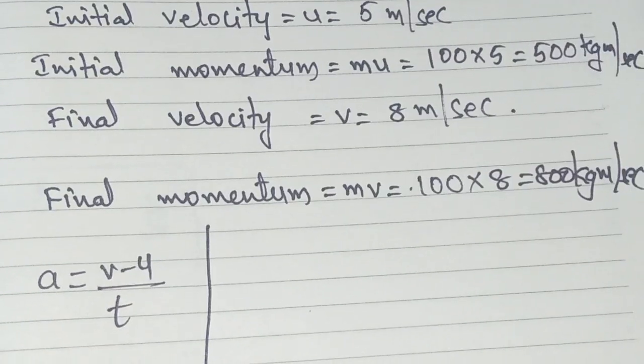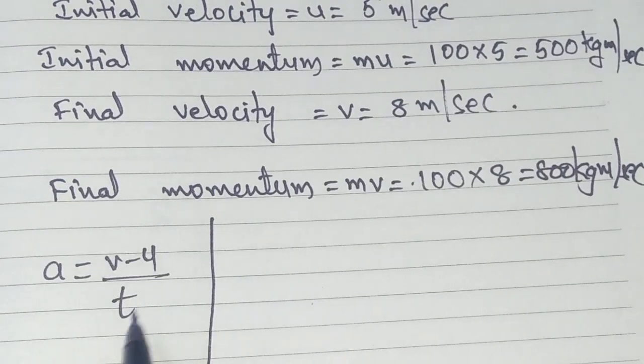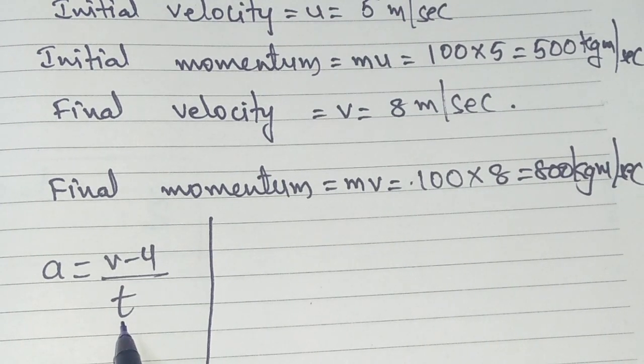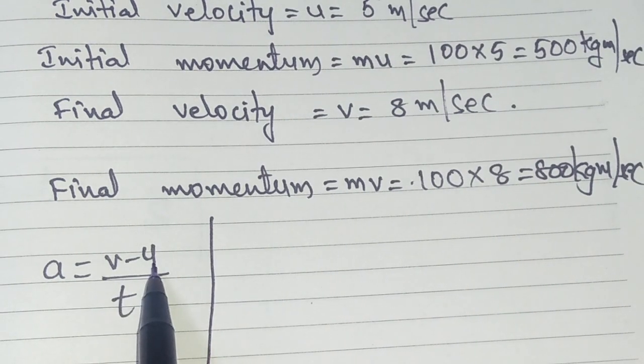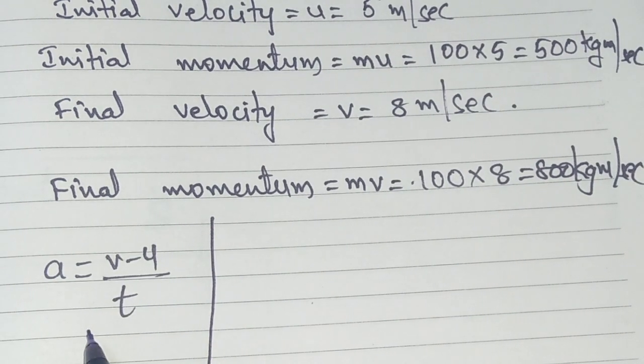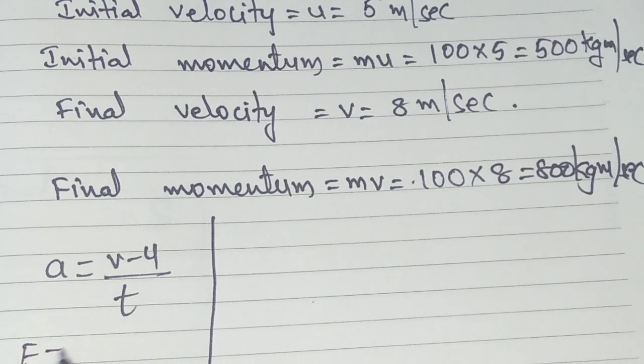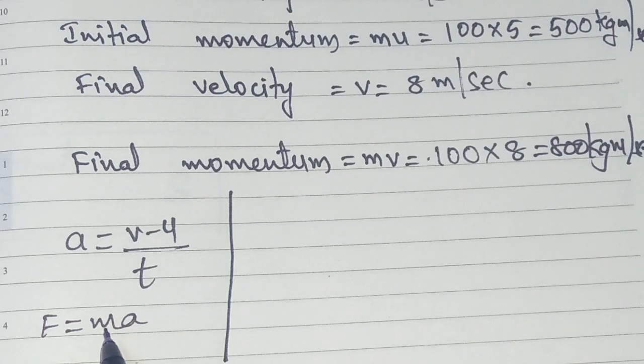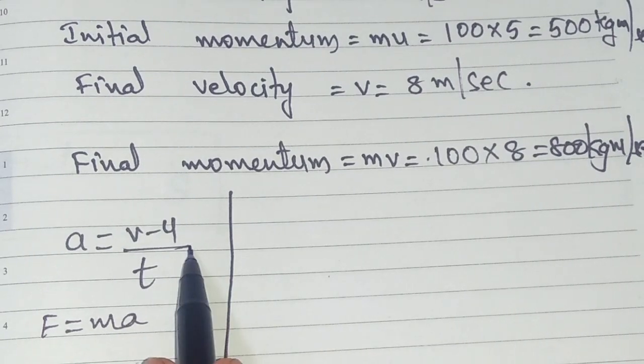T value is given here, 6 seconds. Then v value is 8 meters per second, u value is 5 meters per second. From this we can find out acceleration, and afterwards we have to use the formula F is equal to ma. What is m value? 100 kilograms, and the a value we will get from this formula.